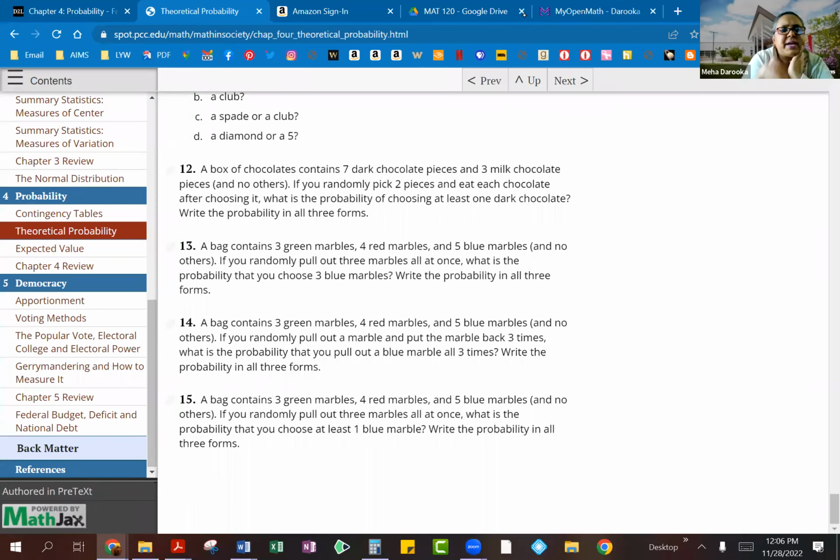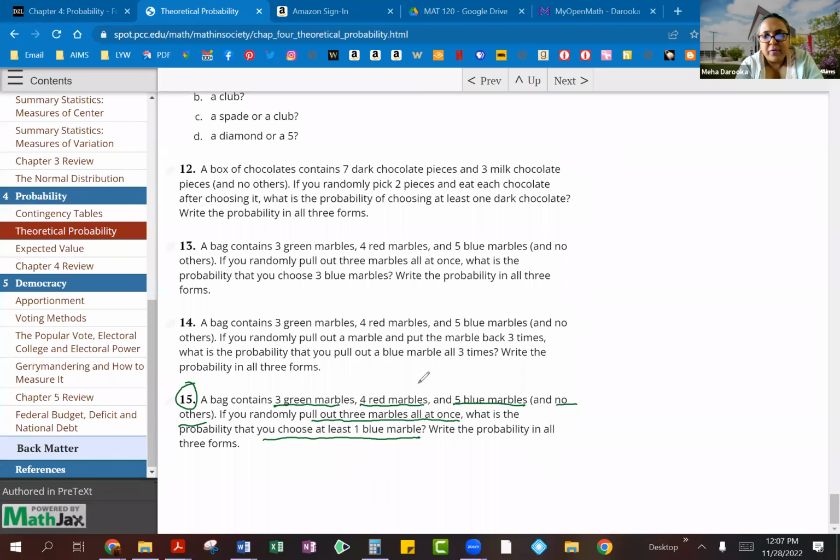Okay, just to kind of change it up, let's look at number 15. So obviously you can see it's set up the same way as 14, but the question is a little bit different. So again, you've got bags containing 3 green marbles, 4 red marbles, 5 blue, and no other. If you randomly pull out 3 marbles all at once, what is the probability that you choose at least 1 blue marble?